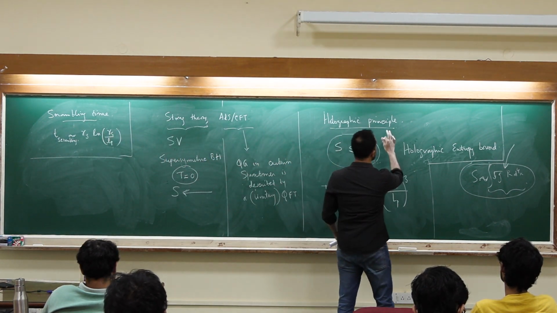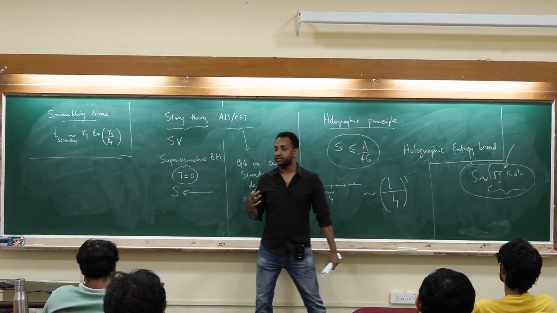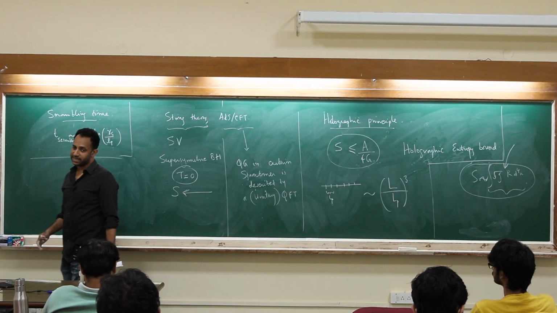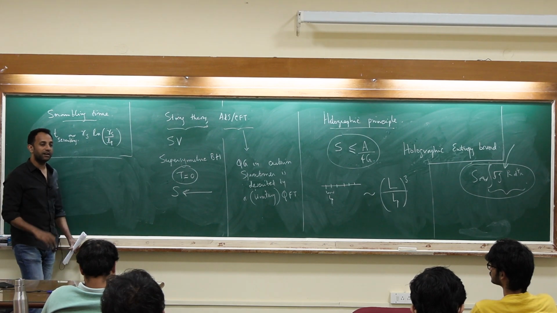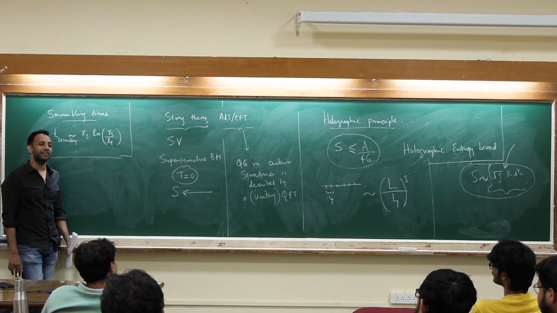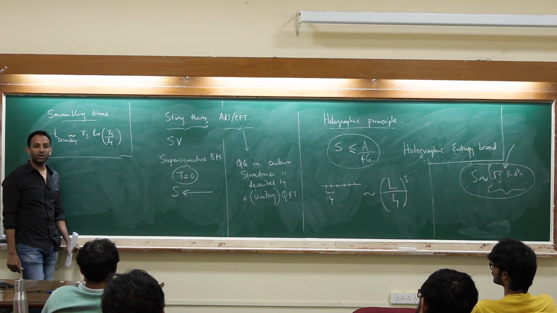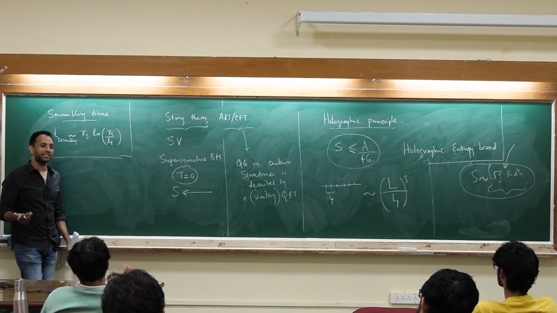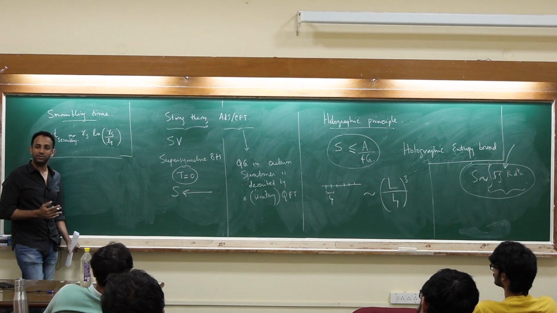Okay, and that's what basically 't Hooft and Susskind made into a statement that I think 't Hooft called dimensional reduction, which is a very confusing word because dimensional reduction is used in every other context for various other things. So one of the great things that Susskind did was in fact to rename it into holography.